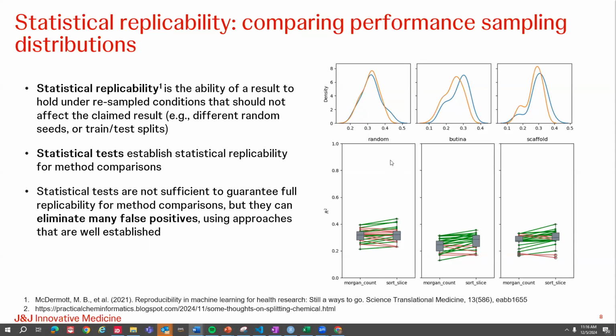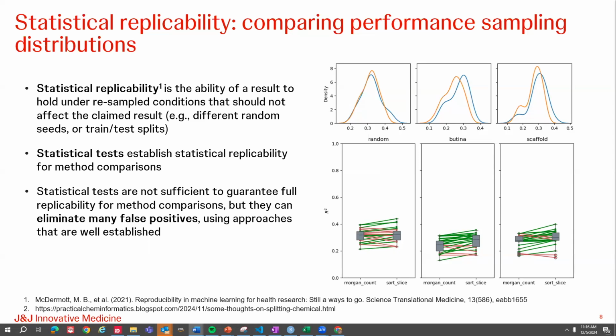We are demonstrating a concept on the right here. It shows the distribution of performance across CV folds for models built using two fingerprint types, SortSlice and Morgan count. The box plots show the distribution of metrics, and edges here connect points from the same cross-validation fold.